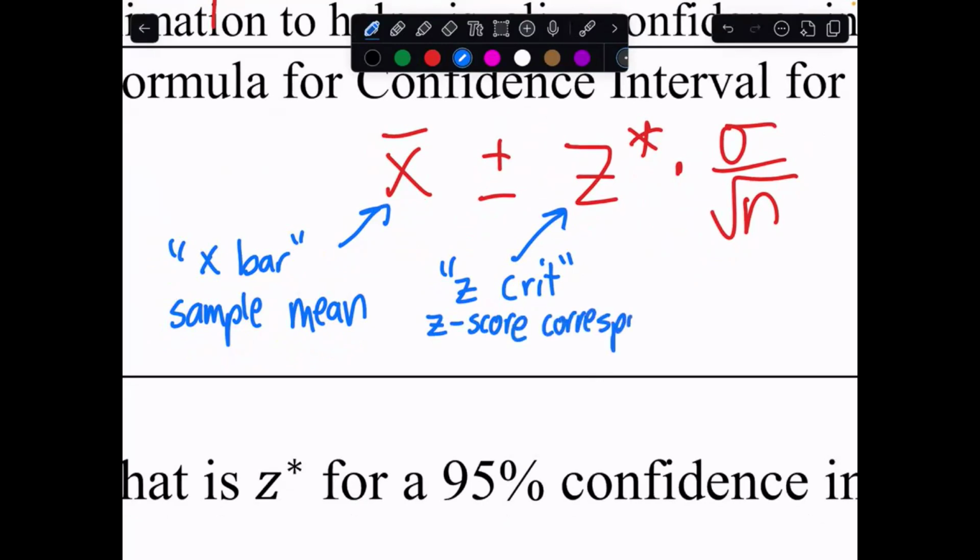corresponding to the desired confidence level.